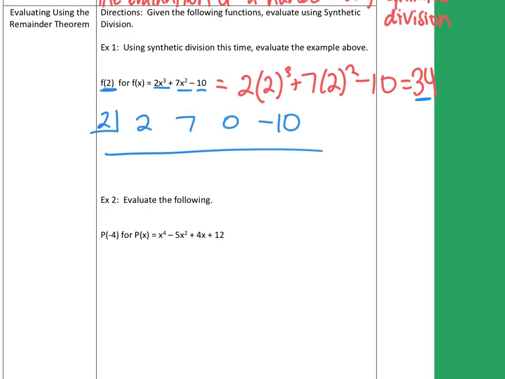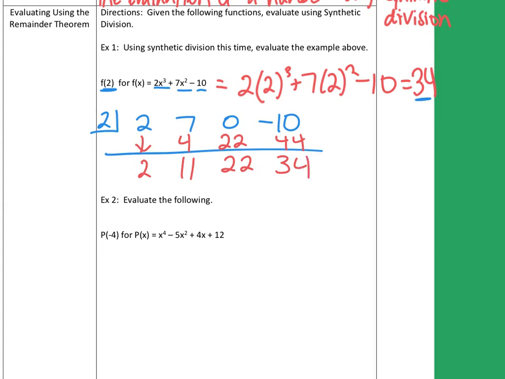Now I'm just going to do synthetic division, so I'm pulling down that 2. 2 times the ledge is 4. 2 times 2 is 4. 7 plus 4 is 11. 11 times 2 is 22. 0 plus 22 is 22. And 22 times 2, we get 44. 44 and negative 10 is just going to be a positive 34.